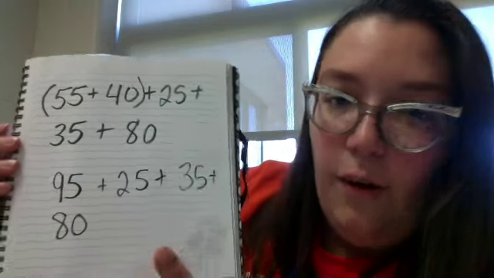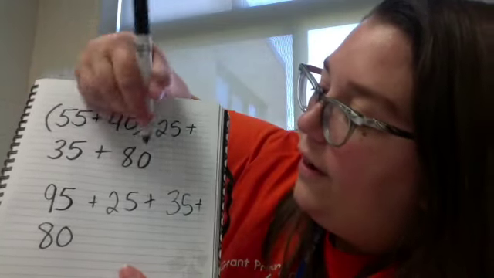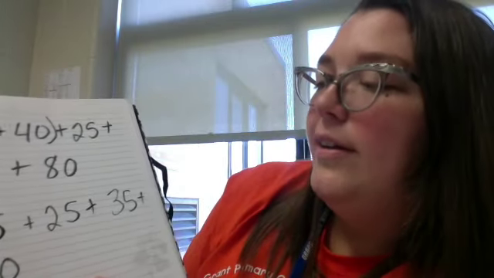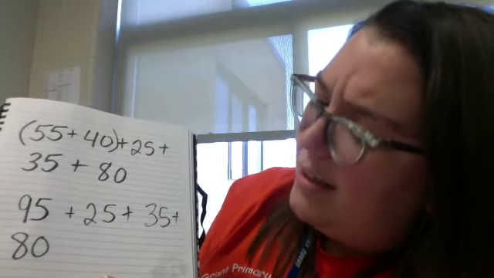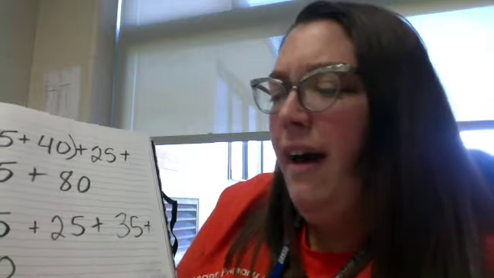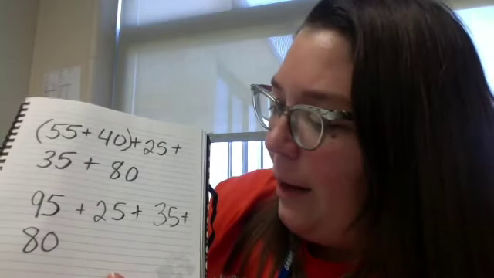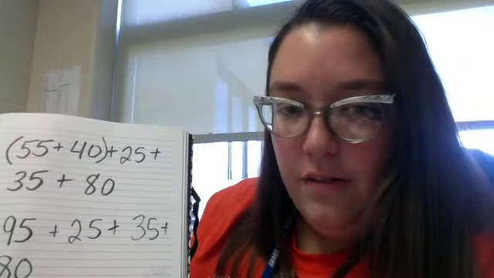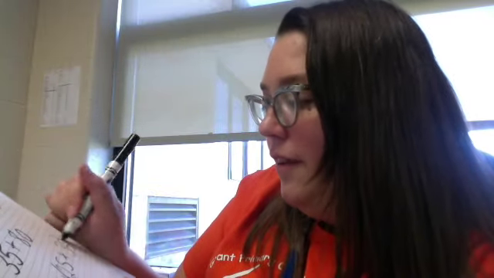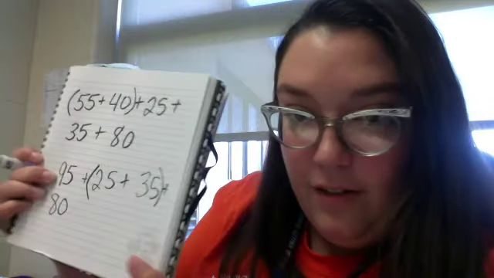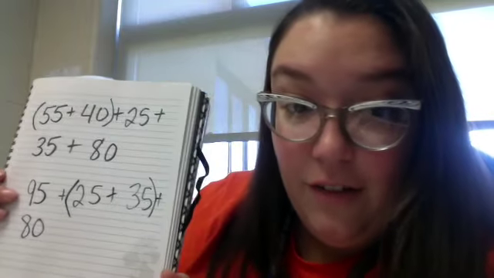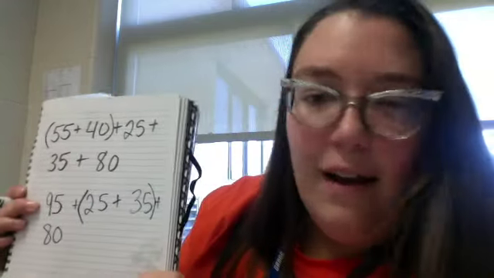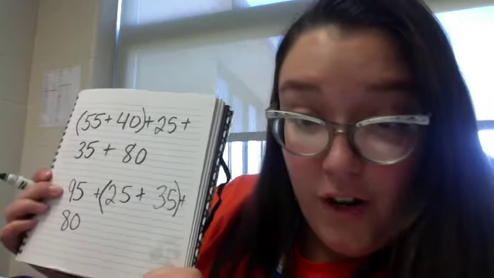Okay, so we still have our 25, 35, and 80 because we didn't add them yet. And now what I'm going to do is I think, 95 plus 25, that might be a little tricky. I think I'm going to put 25 and 35 in parentheses. So if you remember back to our properties, the associative property tells us when we use parentheses and we add, it doesn't matter what numbers I add together first.